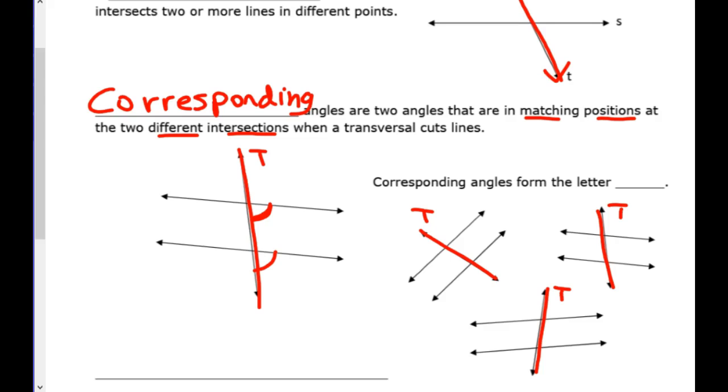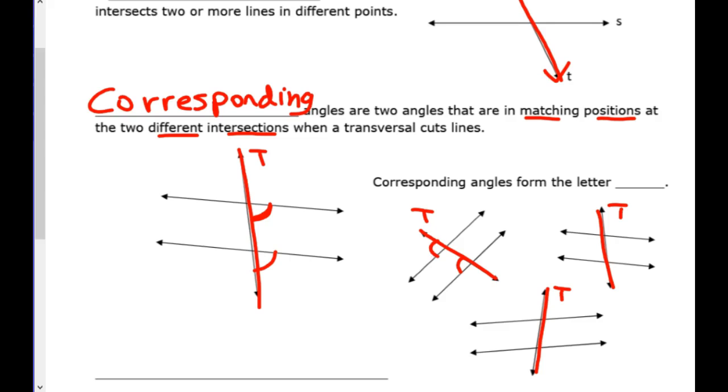Those are corresponding angles because they're the same location shifted down the transversal. Okay? So on the other one, if I had that as my angle right here, and I shifted it down, it would look like that. Both those angles are at the same location at their different intersections.